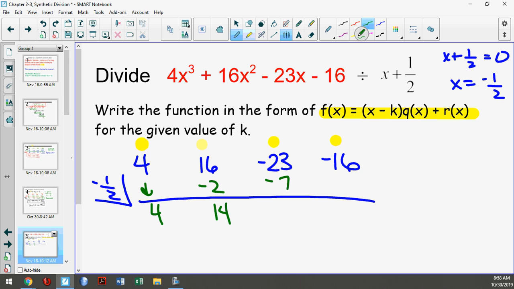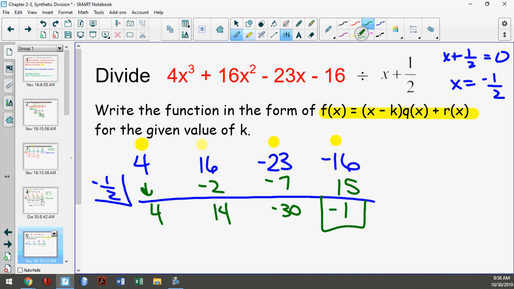And negative 23 plus negative 7 times negative 1/2 gives you a positive 15. So if you add that to the negative 16, what do we have here? A negative 1. What can you conclude? That our remainder is negative 1, implying that this is not a factor of that polynomial. Do we all understand that?